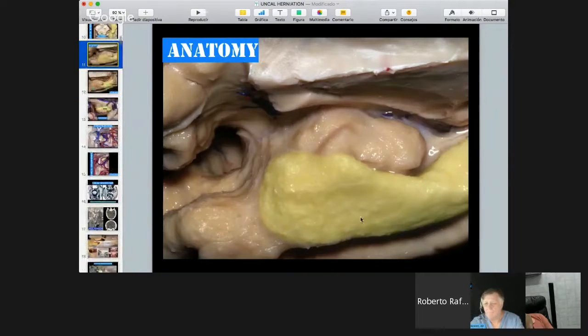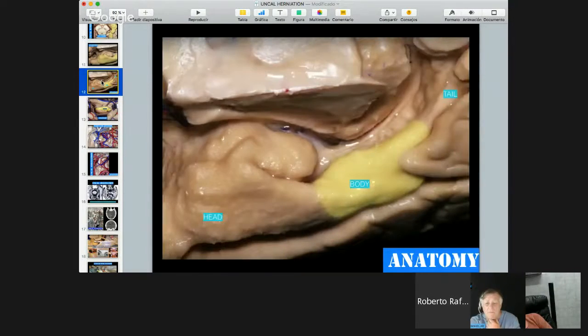This in yellow is the head of the hippocampus, the uncus of the hippocampus, and the most anterior area of the temporal lobe here in a dissection. Here we see the head of the hippocampus, the body and tail, and this is the uncus of the hippocampus.